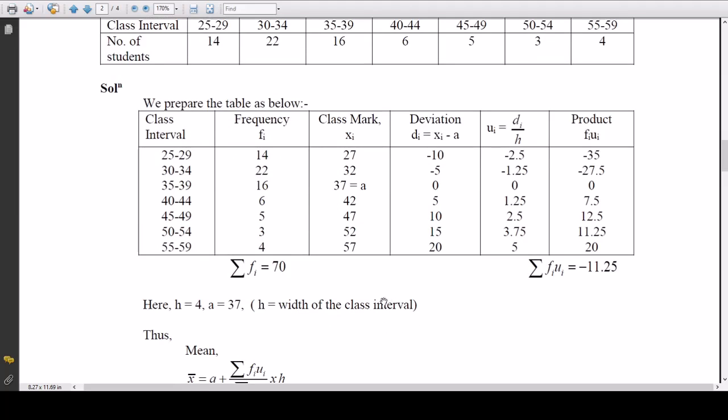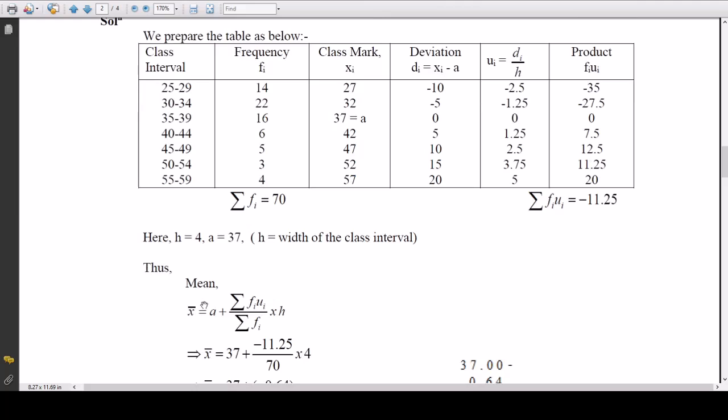Now substituting these values in the formula, mean is equal to A plus summation fiui by summation fi multiplied by h, that is 37 plus minus 11.25, the summation of fiui, summation of fi is 70, multiplied by the width of the class interval, which is 4.